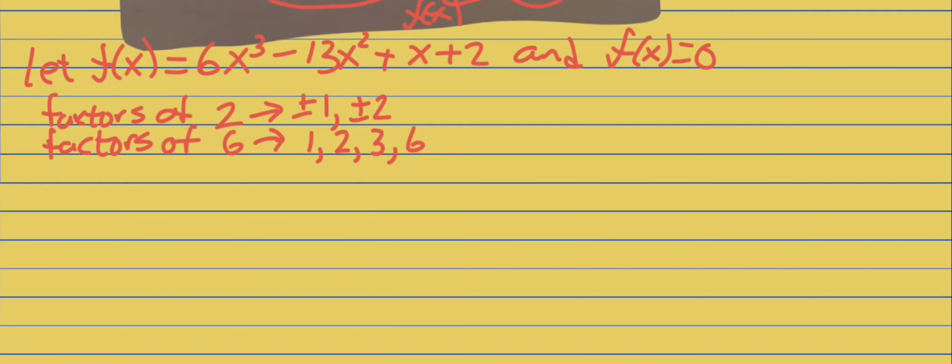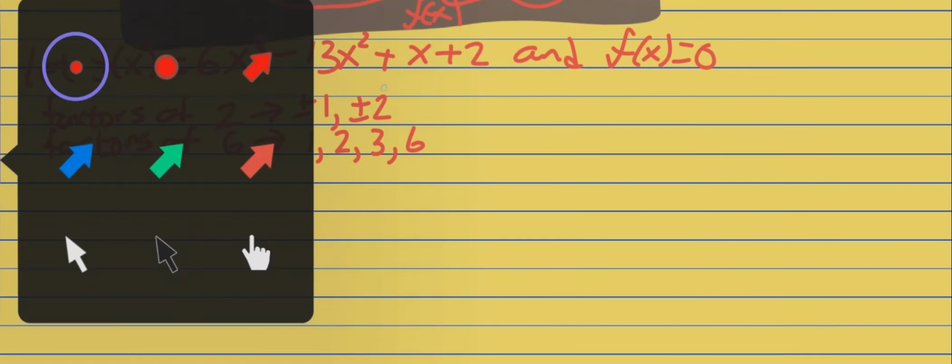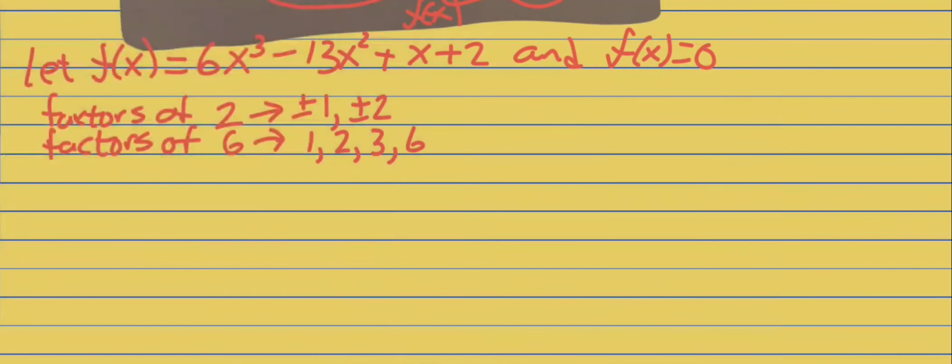In order to apply the rational roots theorem here, we have to consider each factor of 2 over each factor of 6.